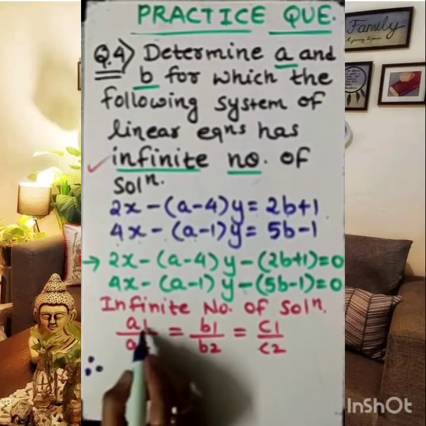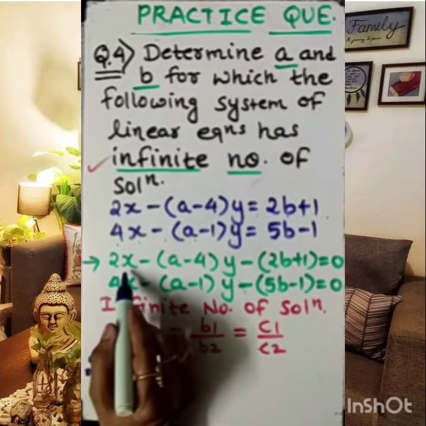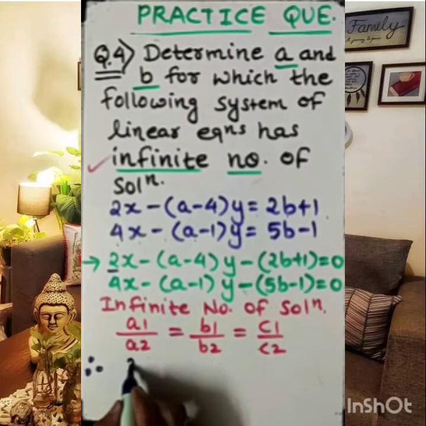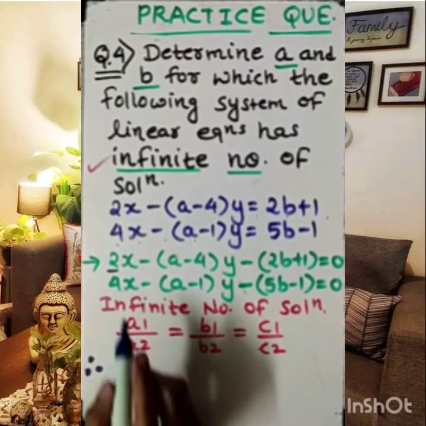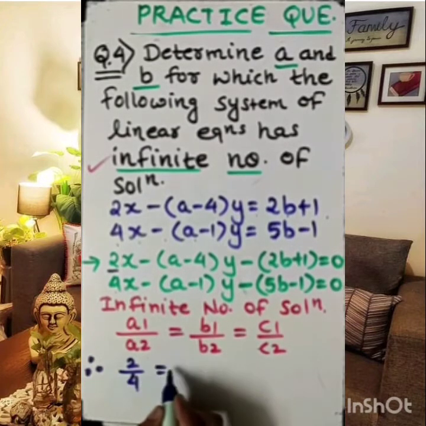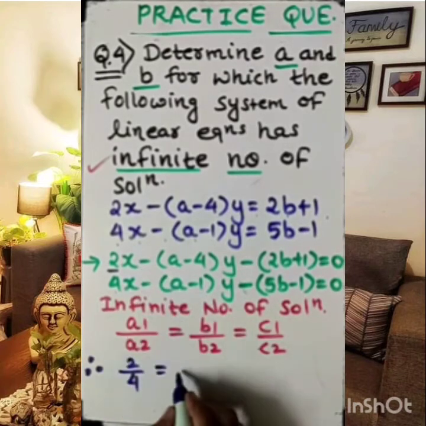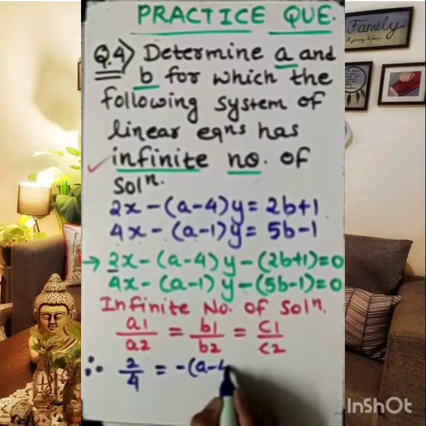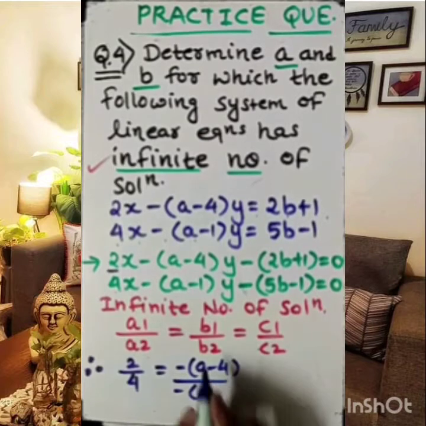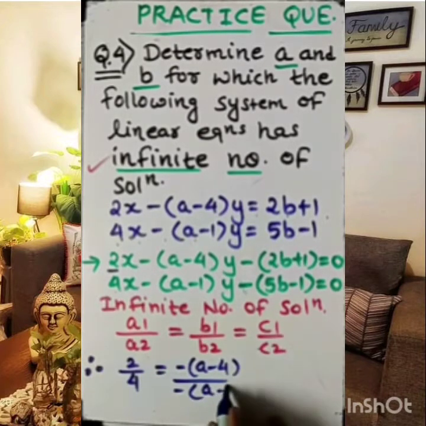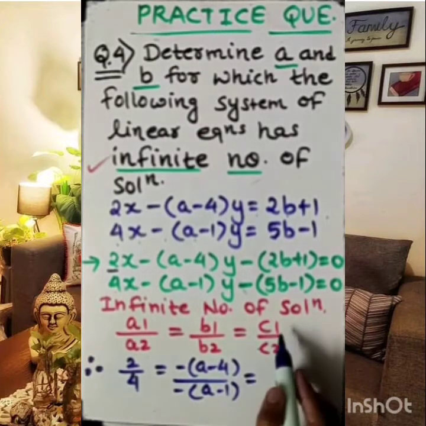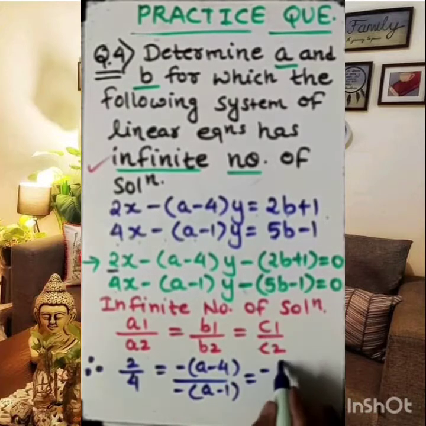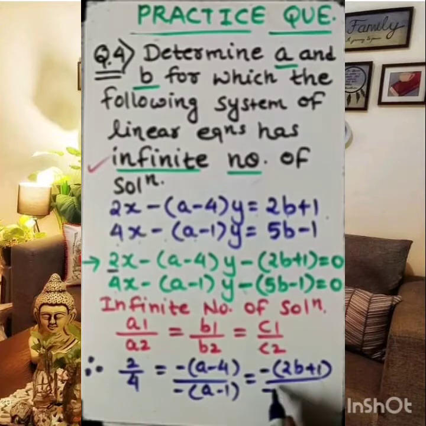What is a1? a1 is the coefficient of x, that is 2. What is a2? Coefficient of this x, that is 4. What is b1? Along with the sign, minus (a minus 4). b2 is minus (a minus 1). And c1, along with the sign, minus (2b plus 1) in one bracket upon minus (5b minus 1) in another bracket. Clear to you?